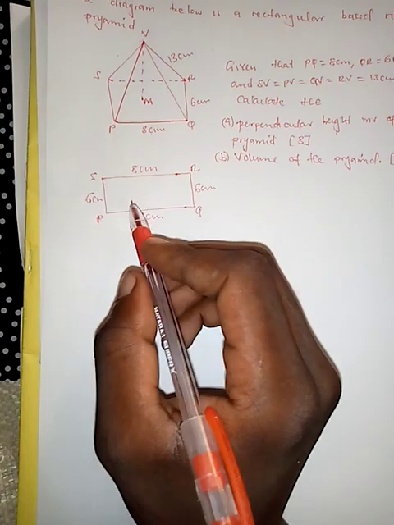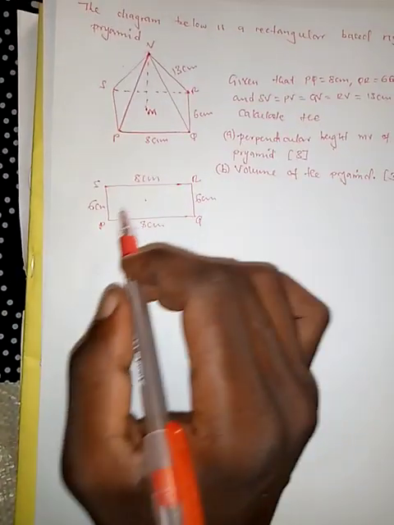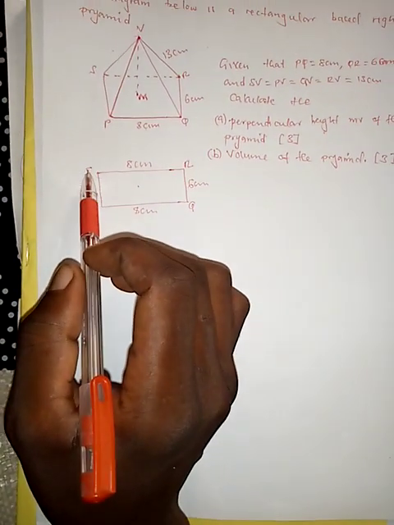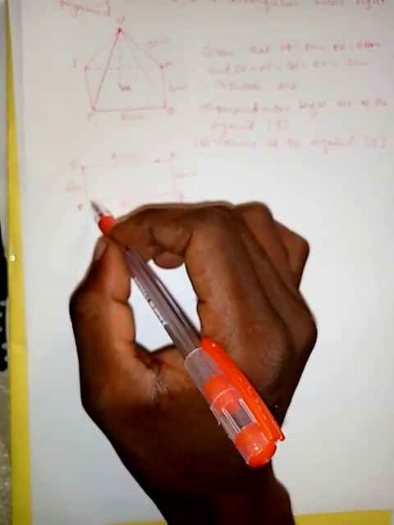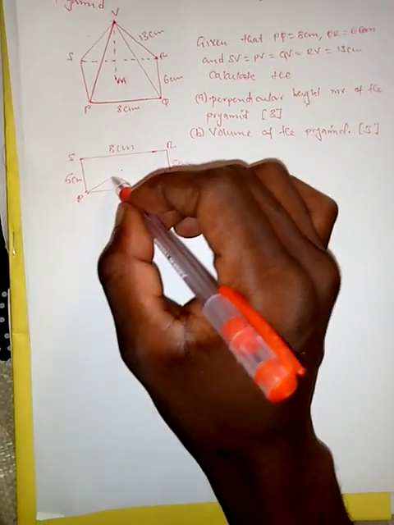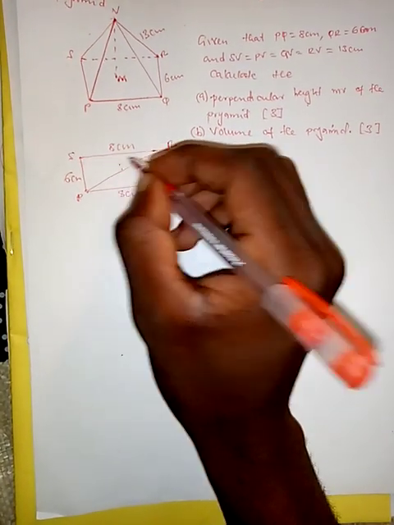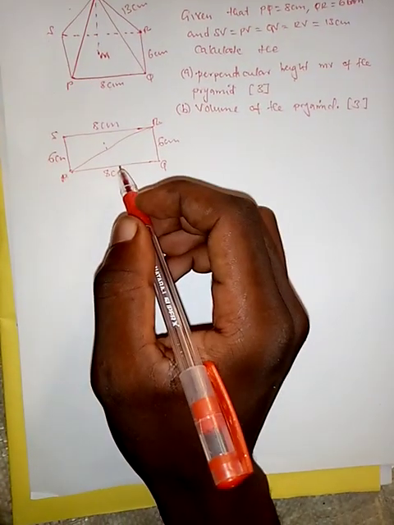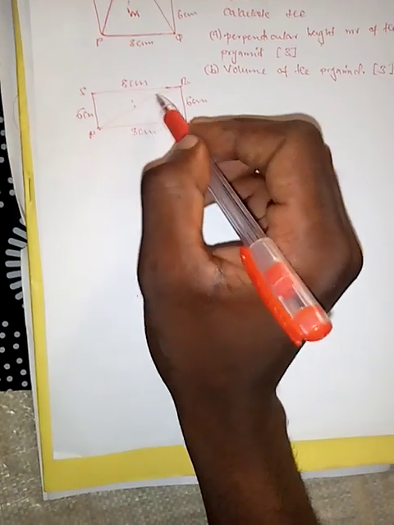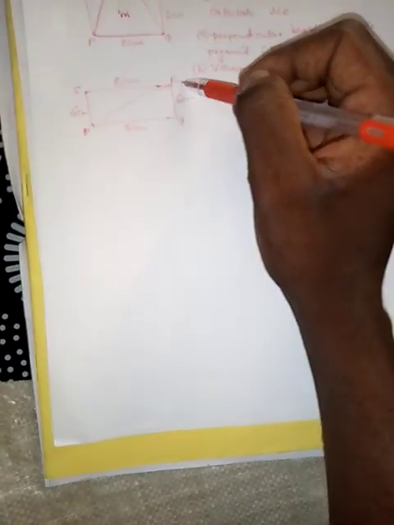For you to calculate MV, first of all we need to find the length of SQ or PQ, one of these. I will use this one, so I will look for this side here, which I'll call PR. I'll use the Pythagoras theorem to find this side, because I've been given two sides, 8 centimeter here and 6 centimeter that side.